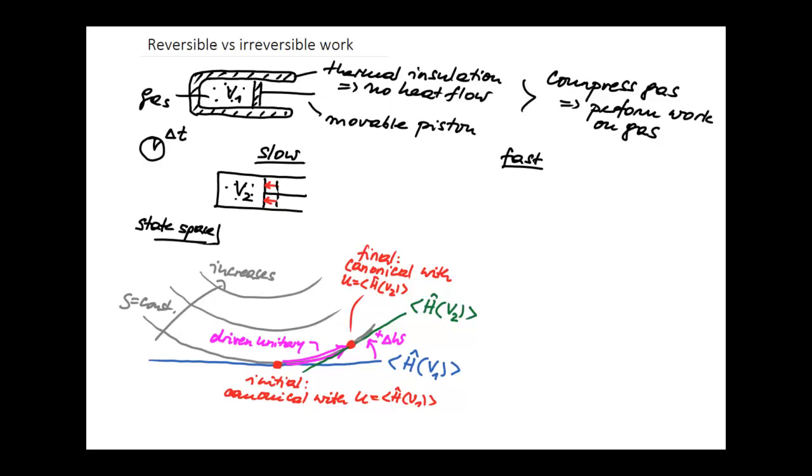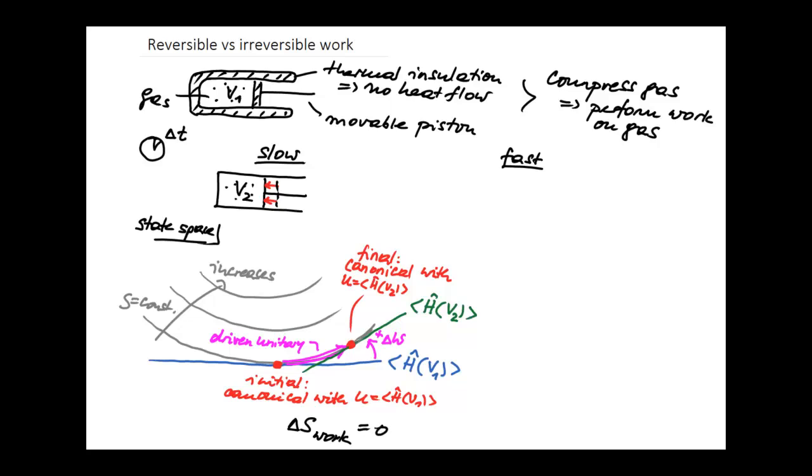So what have we done in this slow scenario? We have performed work on the system, we've increased the internal energy of the system, but without changing its entropy. The final state is still on the same entropy curve and therefore has the same entropy as the initial state. So the change of entropy due to work performed on the system is equal to 0.